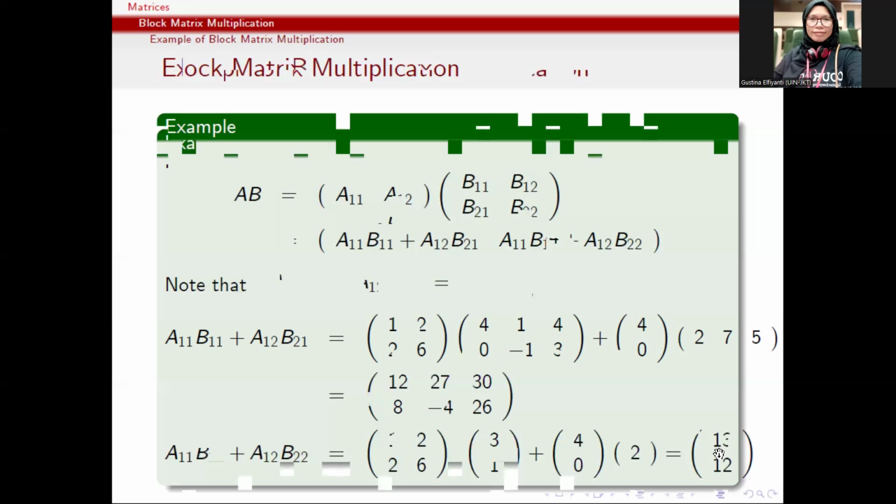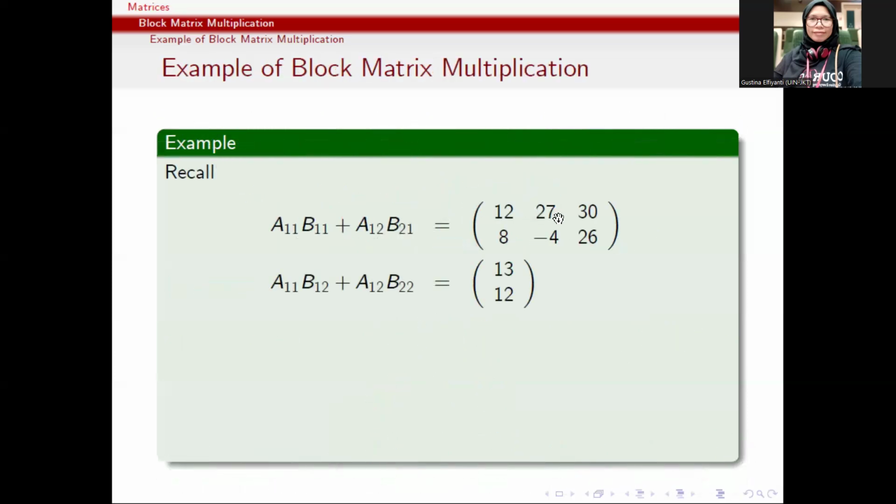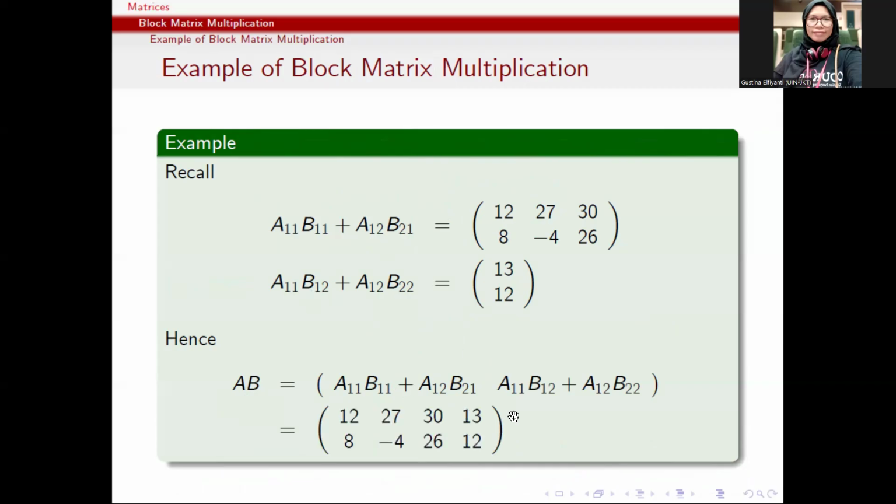So let me recall again. We get this one for A11 B11 plus A12 B21, and this matrix for A11 B12 plus A12 B22. So we have the product of AB is this matrix, and the result is this. So the first to the third column of AB, and this becomes the fourth column of AB.